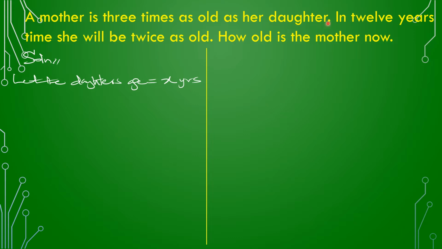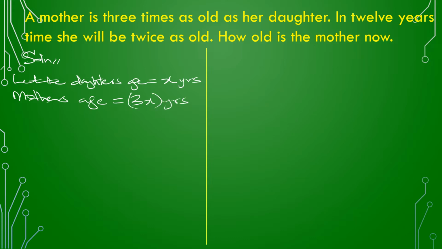Means you must know the daughter's age first before you can know the mother's age. Now let's say the daughter's age is equal to X years. Okay, now this simply means that the mother's age will be what? 3 times x, which is 3x years.